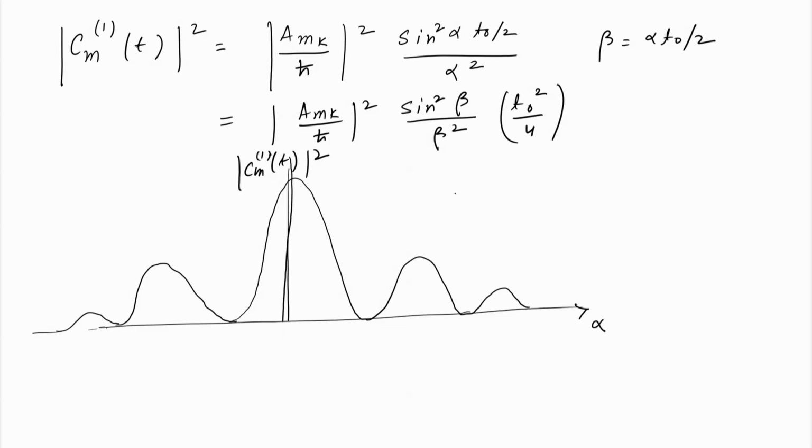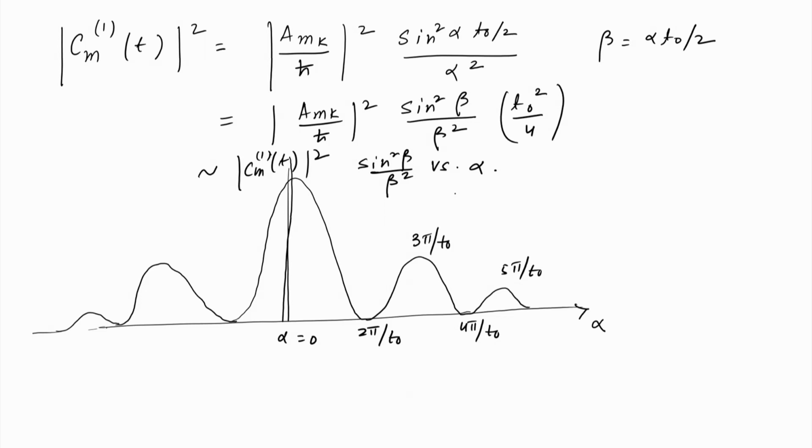In fact, this is like sine square beta by beta square apart from these factors, so it is proportional to this. This is actually sine square beta by beta square versus alpha that is being plotted. This is at alpha equal to 0, and this is at 2 pi over T 0, this is at 4 pi over T 0, this is at 3 pi over T 0, and this is at 5 pi over T 0, and so on and so forth.